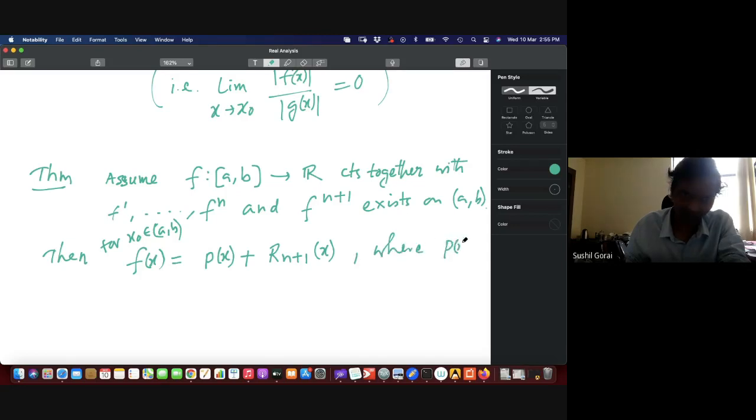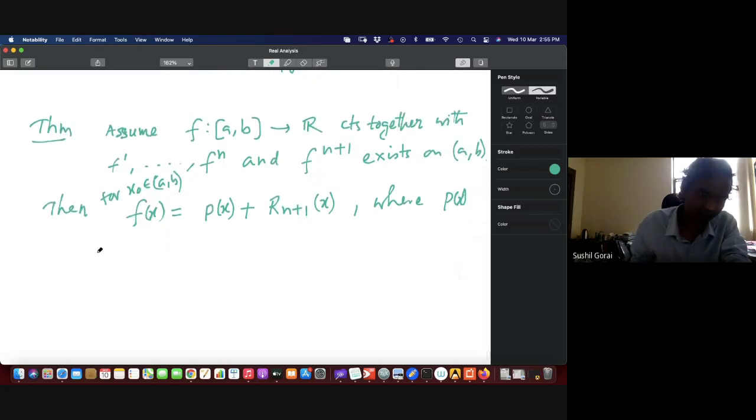P(x) is defined above, and R_{n+1} has the following form.